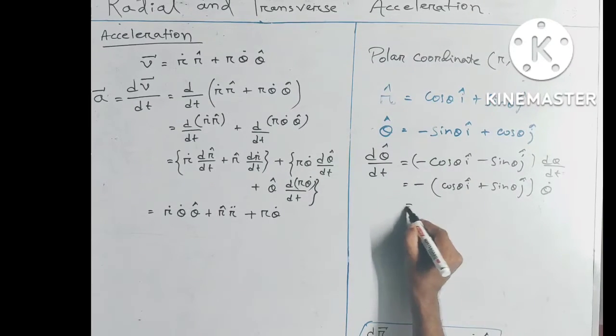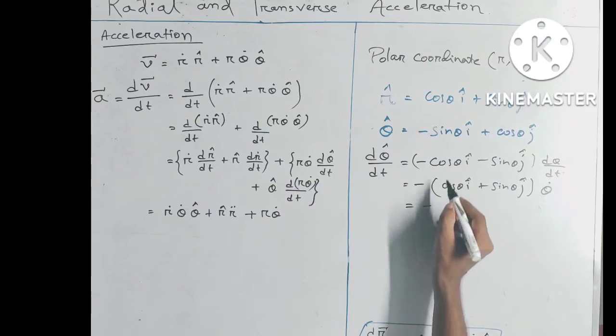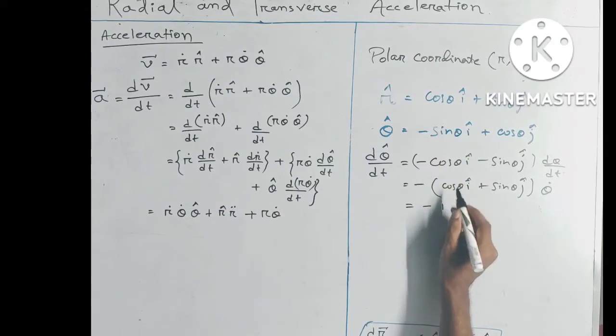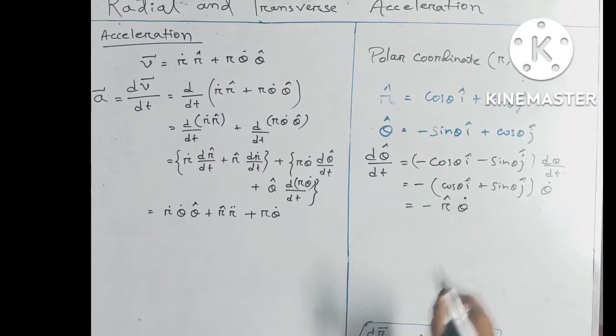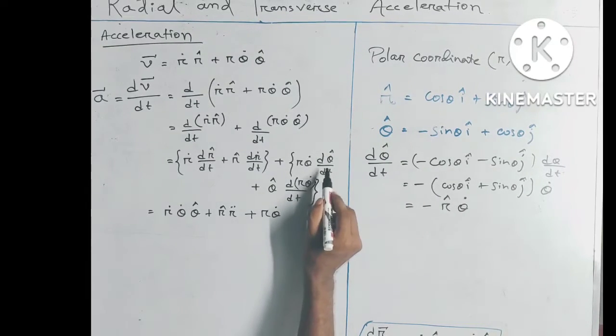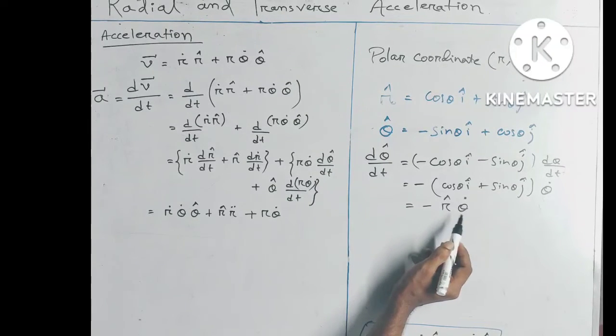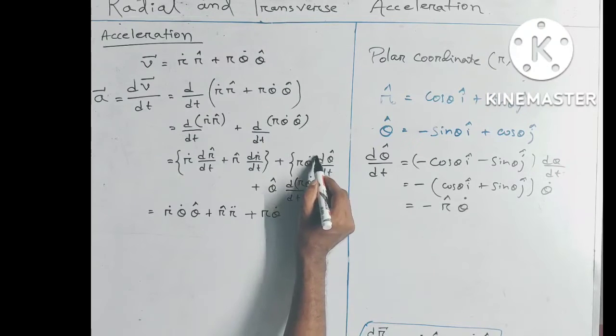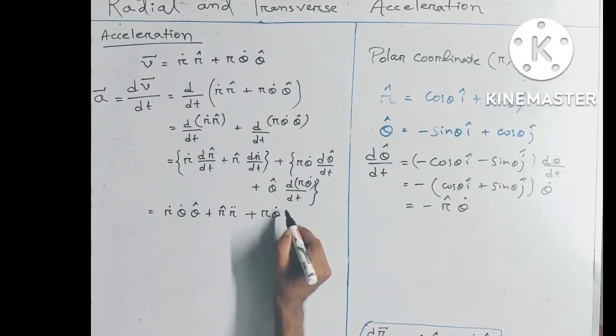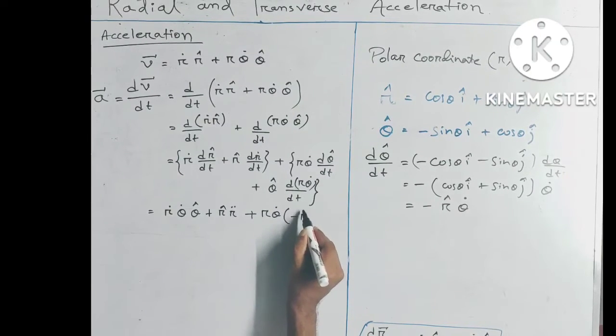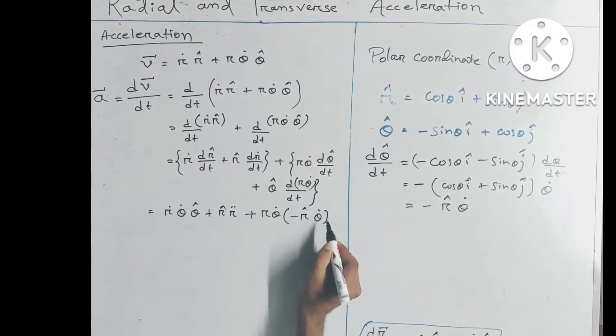So we can easily say that this is minus r cap theta dot. So we write minus r cap theta dot in place of d theta cap/dt.